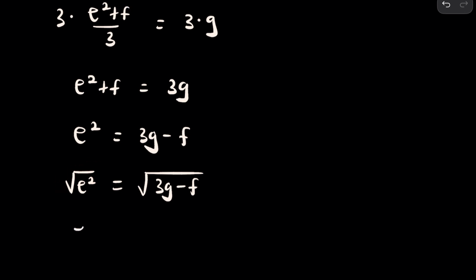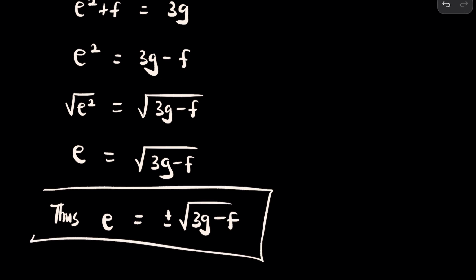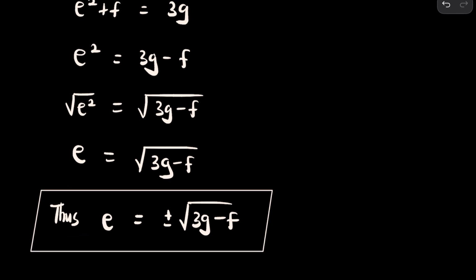So thus we have E is equal to plus or minus the square root of 3G minus F, right? Because when you take the square root, you either have a positive number or a negative number, right? So that's why we have plus or minus in front.